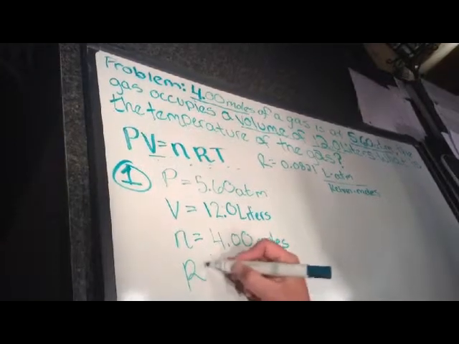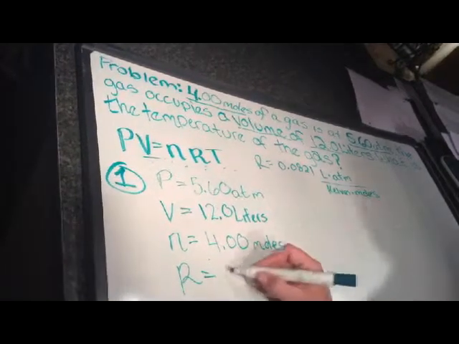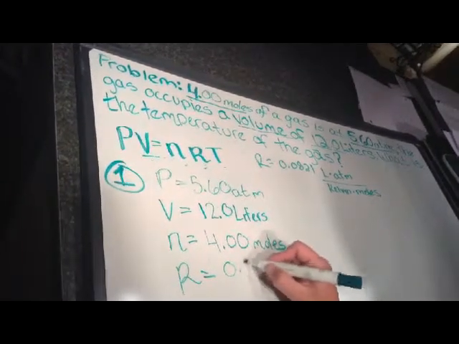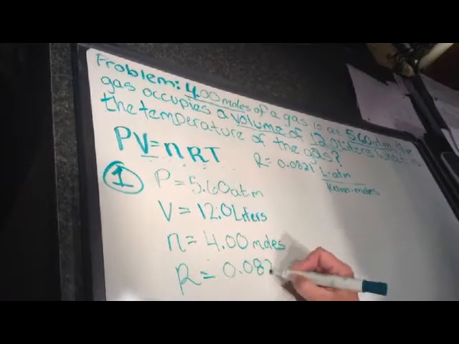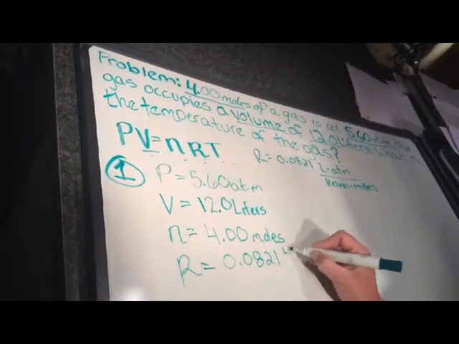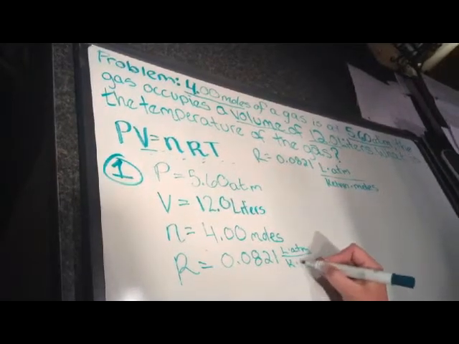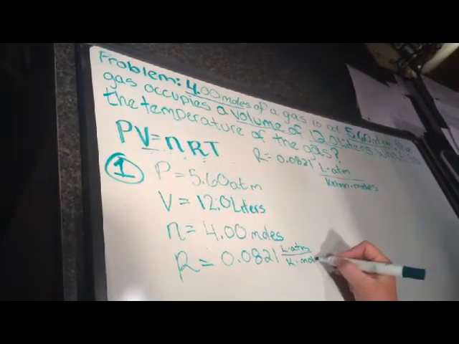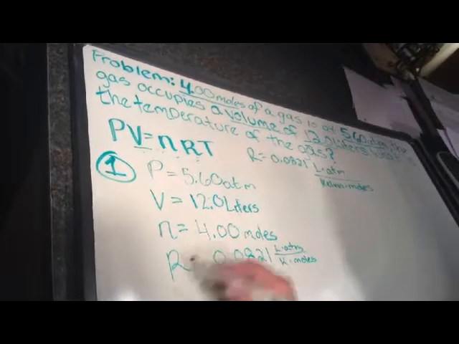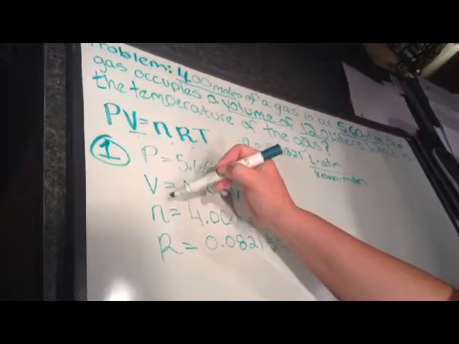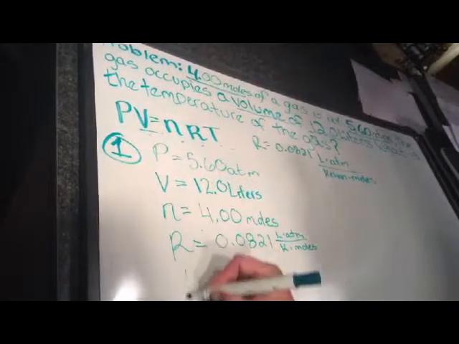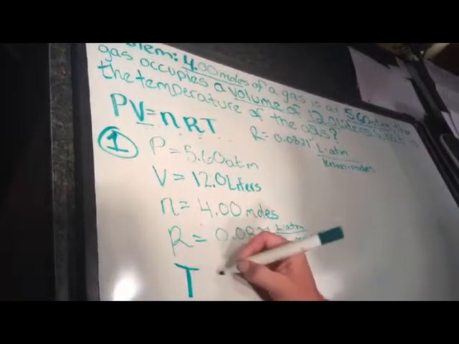R is our known value, 0.0821 L·atm over K·mol. So now we have PV equals nR, and T is the value that we're going to solve for.